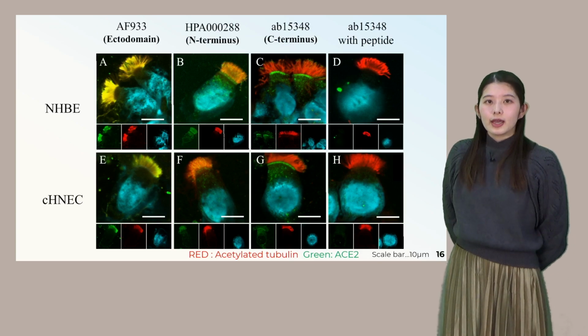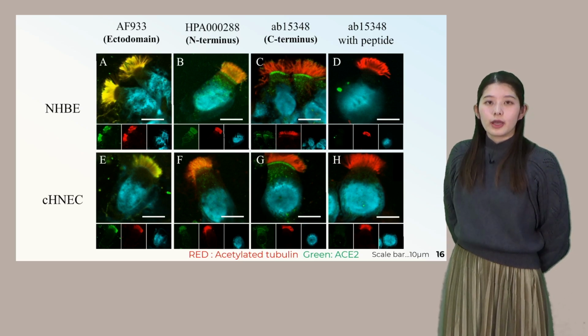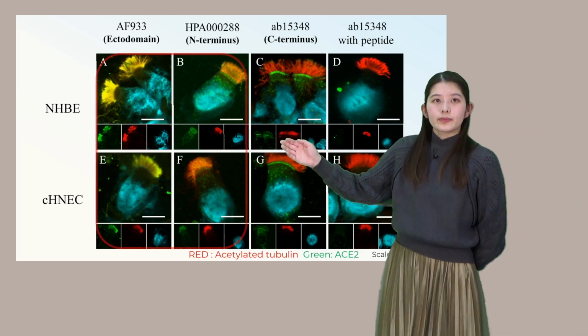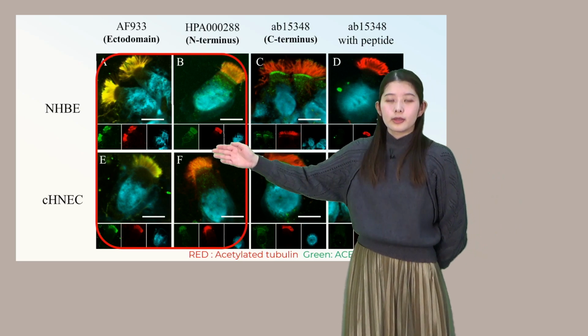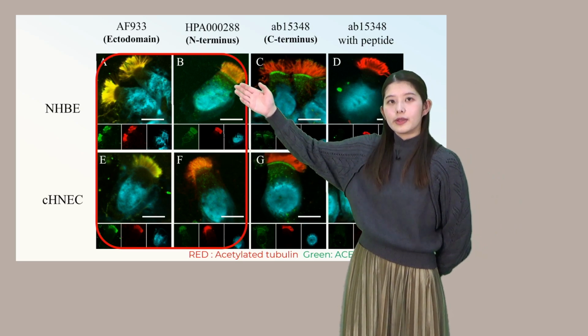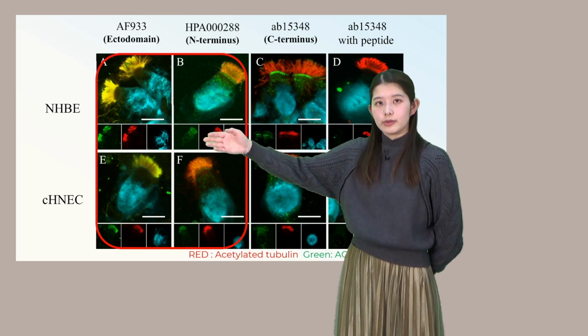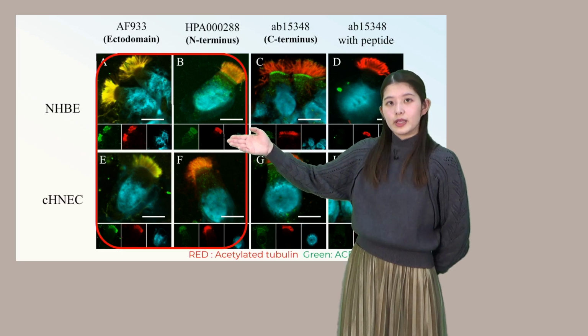At last, I did immunofluorescence to determine the localization of ACE2 expression. The ACE2 signals observed with AF933 and HPA00288, in green, were co-localized almost completely with ciliated cells in red.